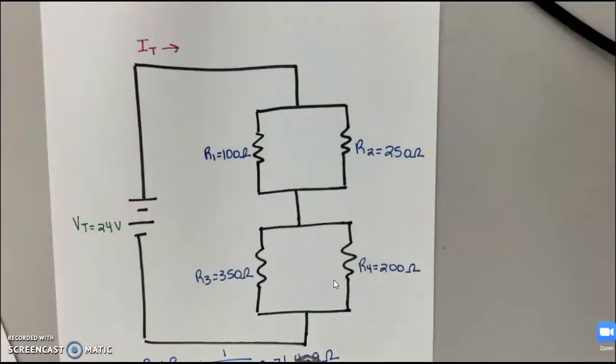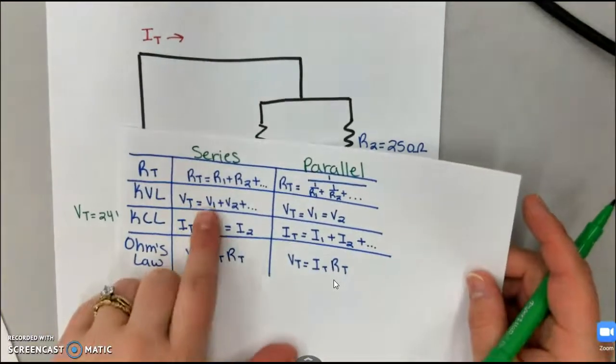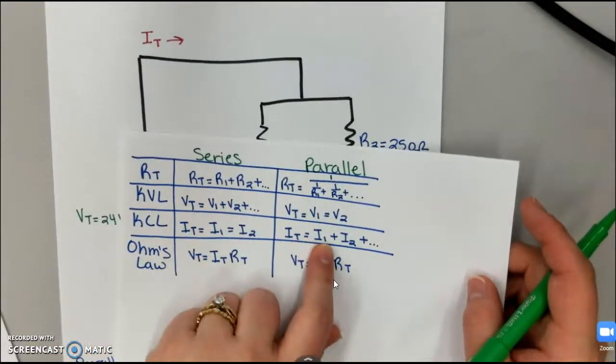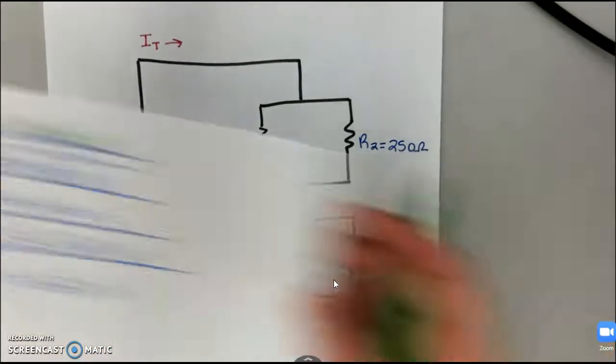We are actually running low on time, so I'm going to have to start a second video, but I do want to show you what we're going to be solving for in that second video once I also get my second sheet of paper. So if you will recall, in a series circuit, remember our voltages are different across each resistor, and in a parallel circuit, our currents are different across each resistor.